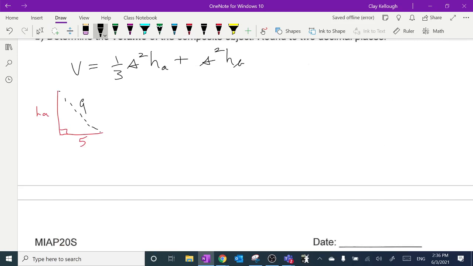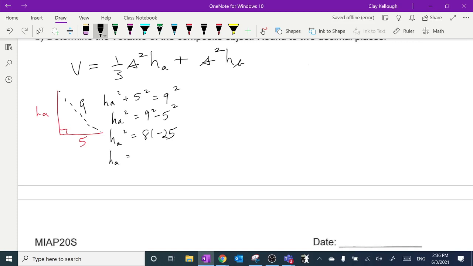So, let's try that again. H of a squared plus 5 squared is equal to 9 squared. H sub a squared is equal to 9 squared minus 5 squared. H sub a squared is equal to 81 minus 25. So H sub a is equal to, let's see, what's 81 minus 25?